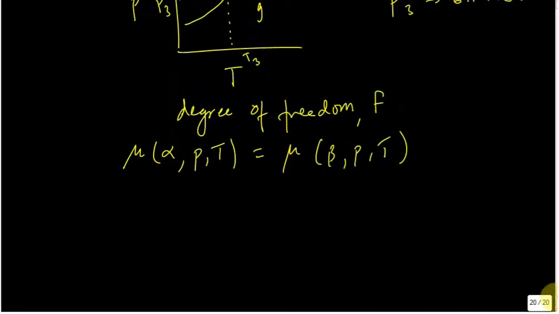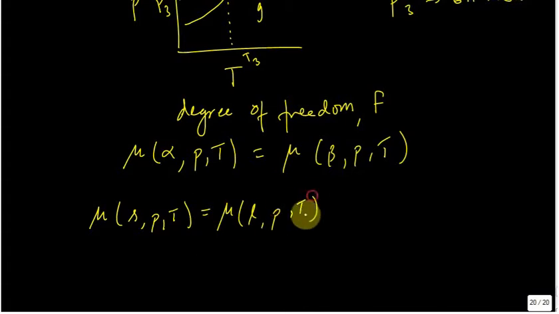If I think of the triple point, there the chemical potential of all these three should be the same. So let's say mu of solid should be equal to mu of liquid, should be equal to mu of vapor. That gives me two equations, right?